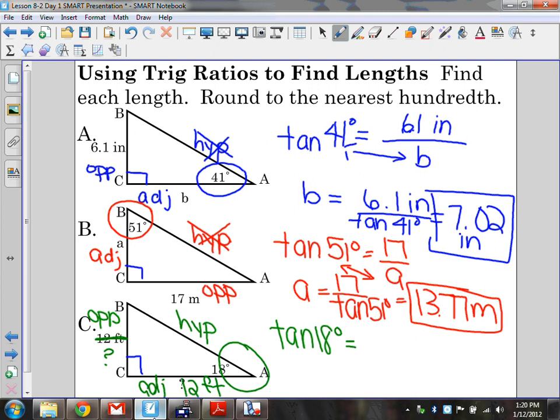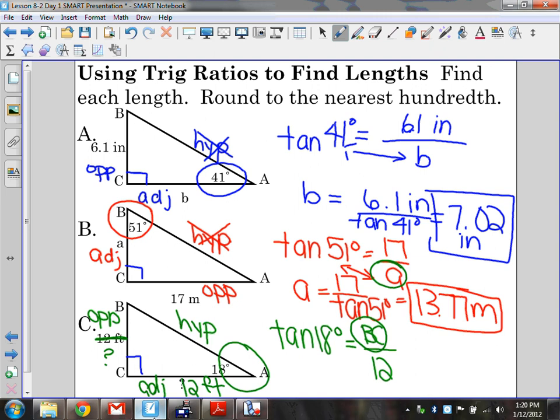So you could choose a variable to represent that question mark, or I'm going to put BC in there to represent that it's side BC. And that's divided by the adjacent side, which is 12. So this looks a little bit different. In the last case, we were solving for the denominator. In this case, we're solving for the numerator.